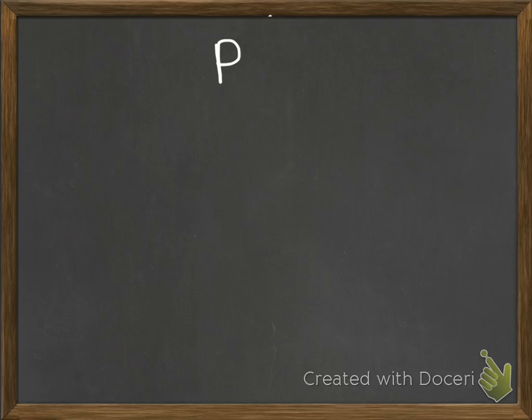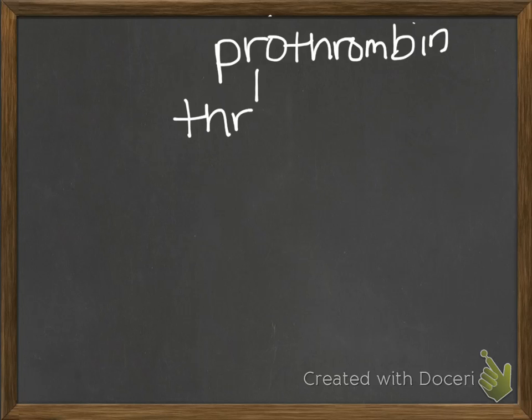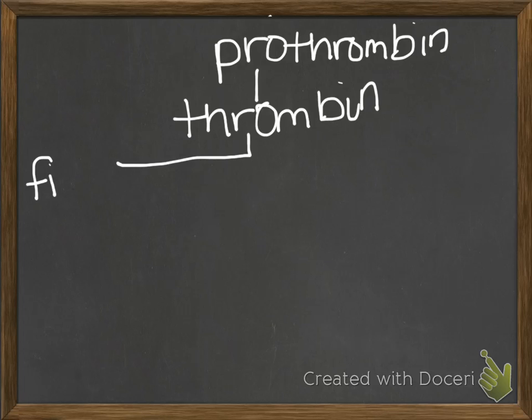Alright, so I have my prothrombin. This is going to help stimulate an enzyme, and it's going to turn into thrombin. Now thrombin's going to do two things. The first, it's going to help synthesize fibrinogen.